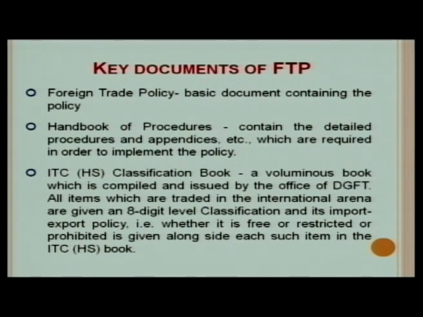The third is the ITCHS classification book, a very bulky document compiled and issued by the office of DGFT. This book explains all the items with 8-digit level classification, and against each item the export import policy is indicated, meaning whether the product falls under the free, restricted or prohibited category.